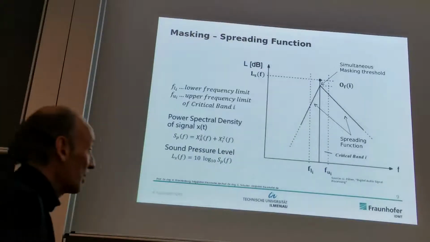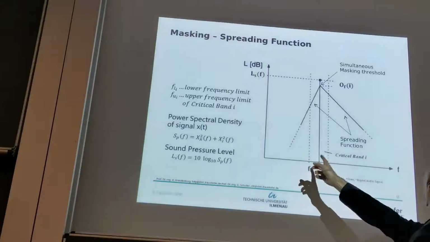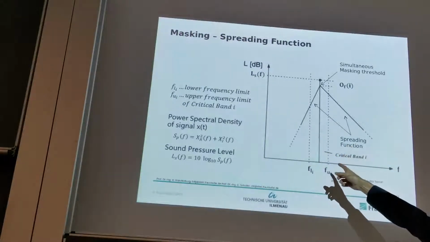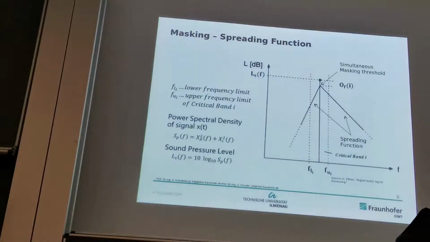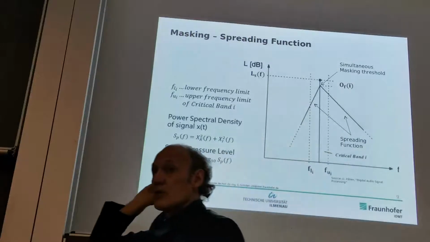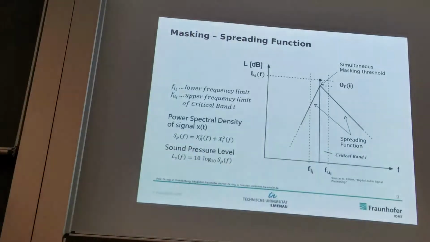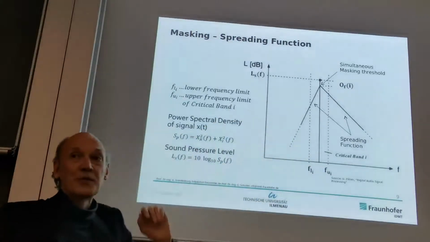Yeah, and basically for every block we have to compute the masking threshold according to the sinusoids that we see in it. So in each block we have different sinusoids, and for each sinusoid we need to apply the spreading function. Make sense? So this is really at the heart of our psychoacoustic model, this spreading function.